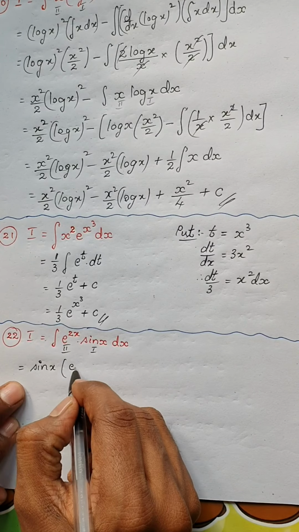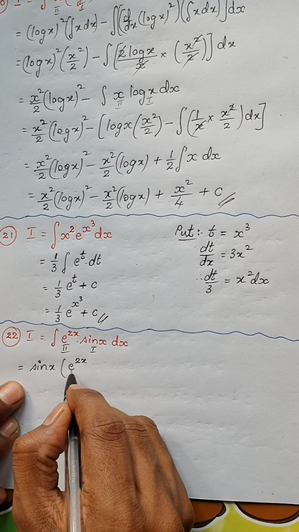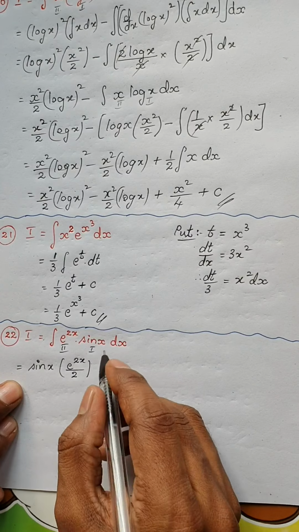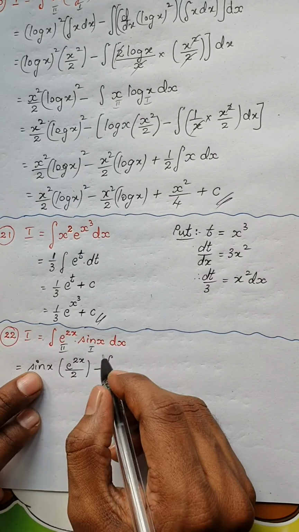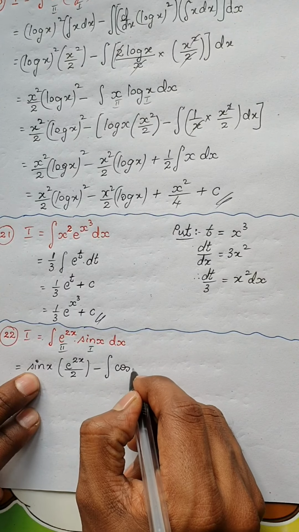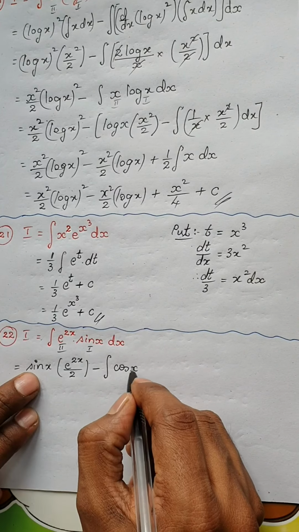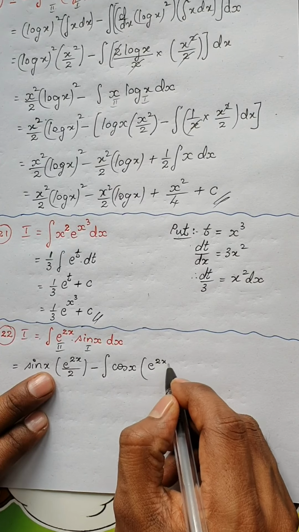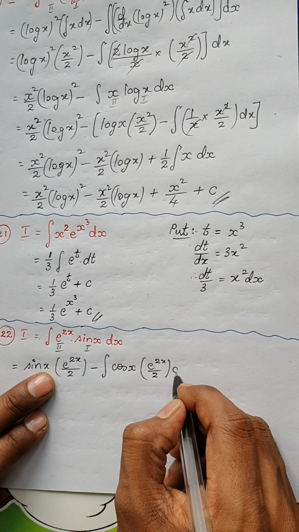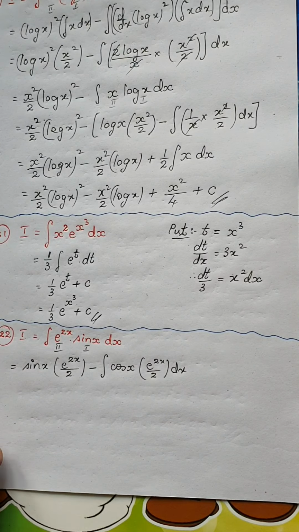Integral of e power 2x is, remember, e power 2x divided by 2, minus integral of, now what is the derivative of sine? It is the derivative of the function which is kept as it is. Derivative of sine is cos, into write this function as it is, which is e power 2x divided by 2. This is integrated with respect to x.